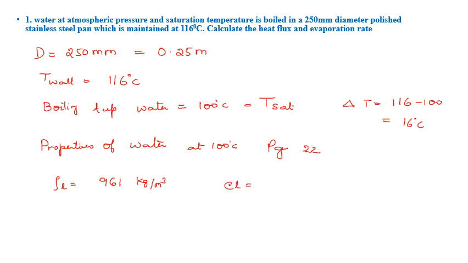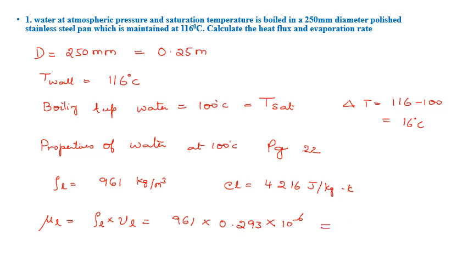Cl is 4216 joule per kg Kelvin, and mu L is nothing but rho L into nu L, that is equal to 961 into 0.293 into 10 to the power minus 6. On multiplication, you get that value to be 0.282 into 10 to the power minus 3 kg per meter second.